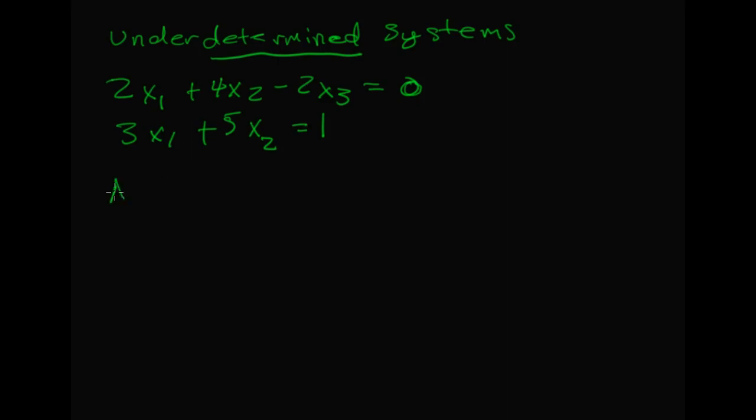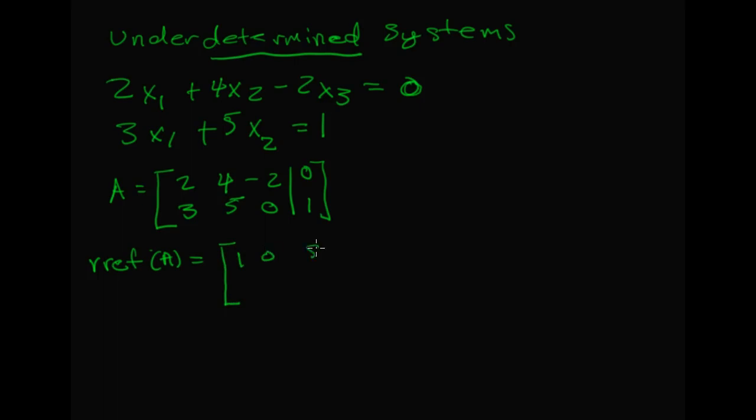So if you think about this, the augmented matrix is 2, 4, negative 2, 0, 3, 5, 0, 1. If you perform Gauss-Jordan on this, and you can go ahead and try that with MATLAB if you want, you get 1, 0, 5, 2, 0, 1, negative 3, negative 1, which is a noisy matrix.